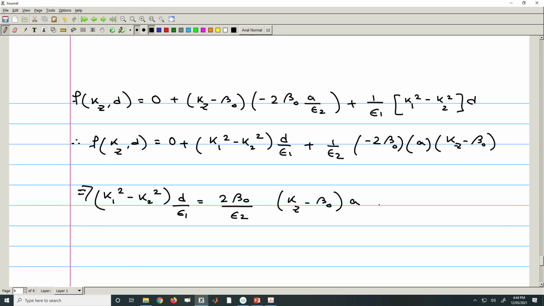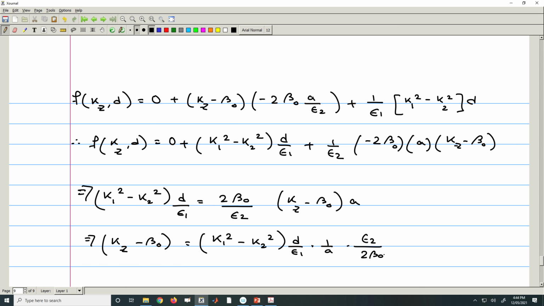So, kz minus beta naught is coming as (k1 square minus k2 square) d upon epsilon 1 multiplied by 1 upon a, epsilon 2 upon 2 beta naught.